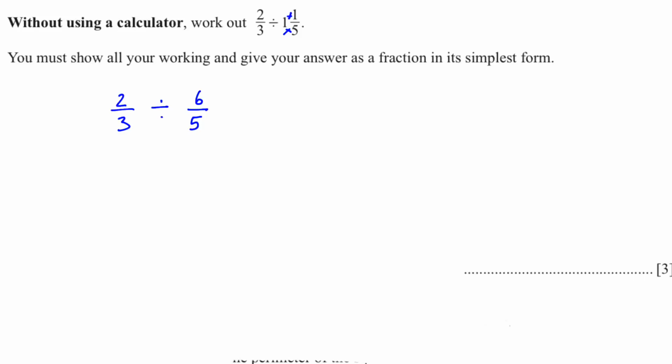After this step, whenever it is division, you change it into multiplication, and this number here, we flip it over. So 5 over 6. This will give us 10 over 18. You can put it in the calculator, you will get 5 over 9.